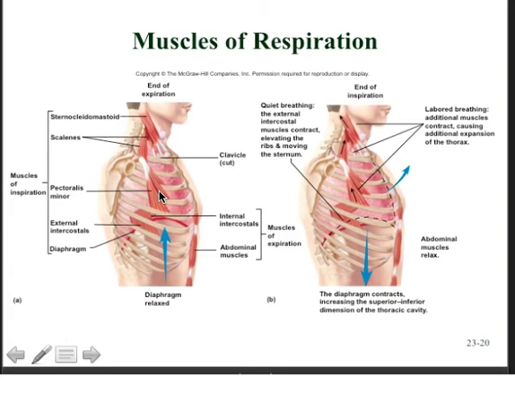This produces a negative pressure around the lungs, which will cling to the thoracic cavity, the pleural cavities inside which they're housed, and that produces vacuum in the lungs themselves. And if your nose and mouth are open, then air will, of course, move from an area of high to low pressure into the lungs, and that will affect ventilation. Okay? The nerve that's responsible for talking to the diaphragm, which is the main muscle of breathing, is the phrenic nerve.